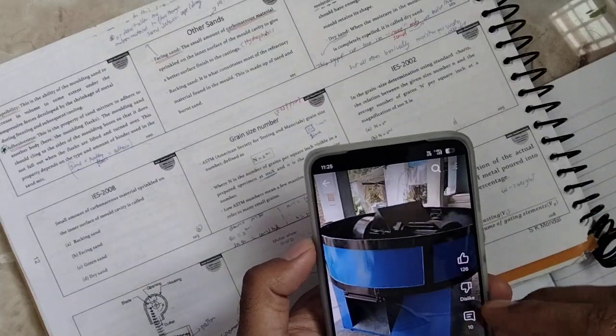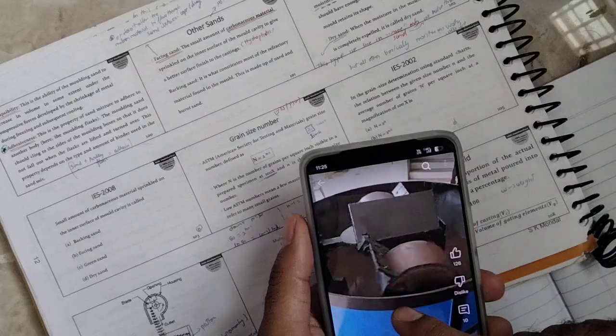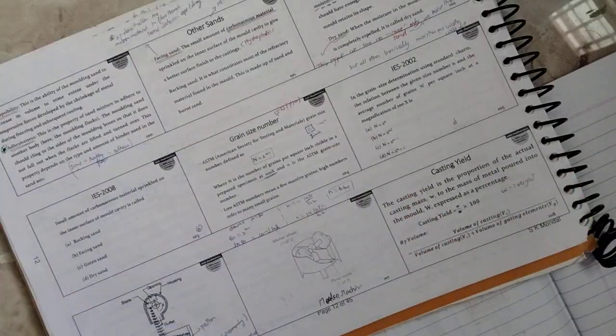In this we pour in the entire sand and everything. You can see at the bottom the sand is getting mixed. So the sand should have good mixing strength.